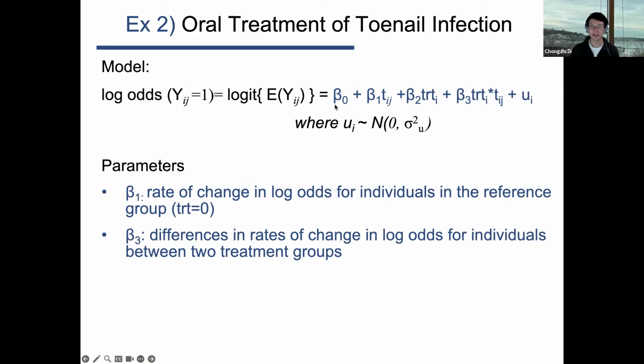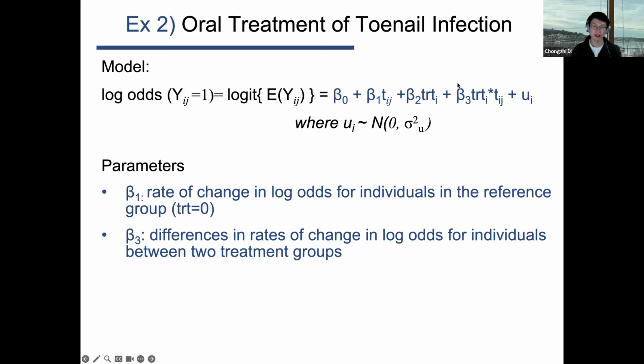So this mean model is really similar to the previous example, right? This coefficient is the rate of decline in log odds among the first treatment group, this coefficient tells you the difference between treatments at baseline, and beta 3, the interaction, is the difference in the rate of decline between the two treatment groups. This is what we are mostly interested in.